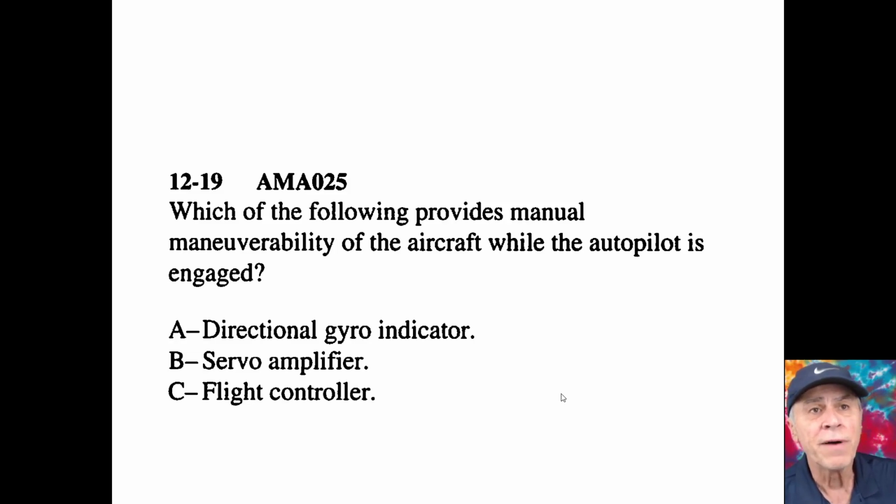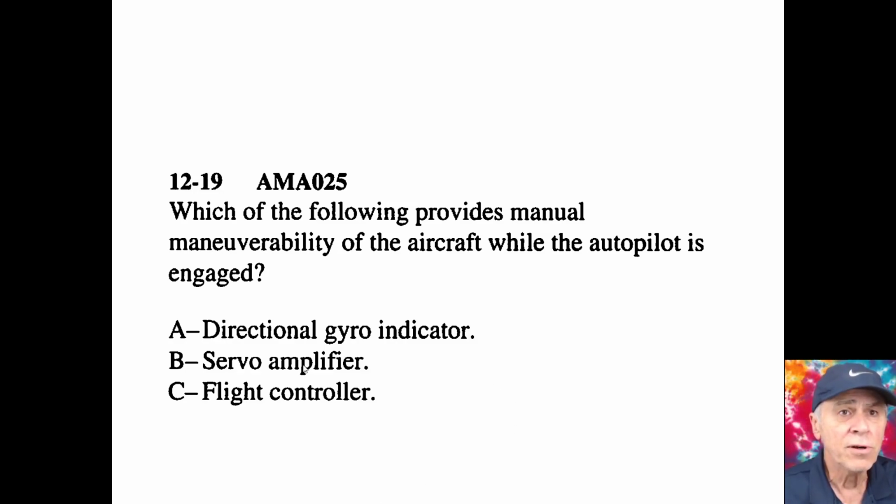Which of the following provides manual maneuverability of the aircraft while the autopilot is engaged? Is that the one where we touched the yoke in order to make some slight adjustments? All right, so what are our options? A, directional gyro indicator. I don't really see how an indicator is going to give us manual maneuverability. B, a servo amplifier. Or C, a flight controller.